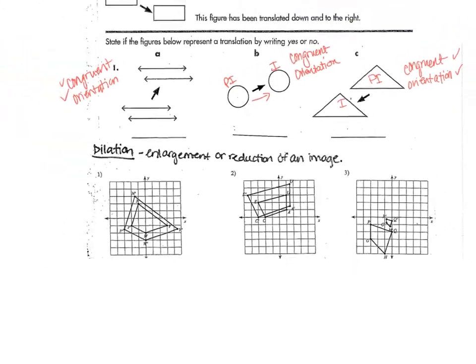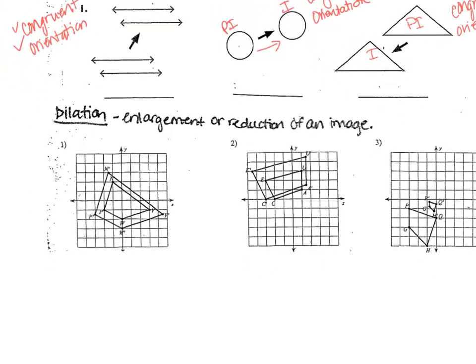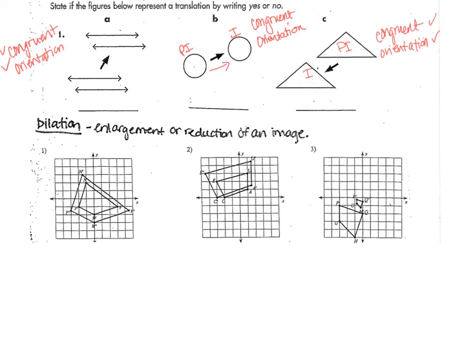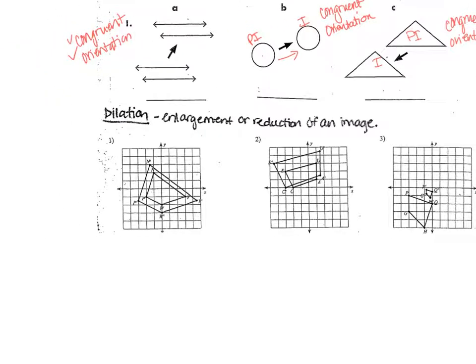Then down here at the bottom, just some examples of dilations, and we're going to decide if it's an enlargement or a reduction. Remember, dilation always changes congruence, so it changes the size and shape unless the scale factor is 1. Remember the dilation gets larger or smaller based on the scale factor.